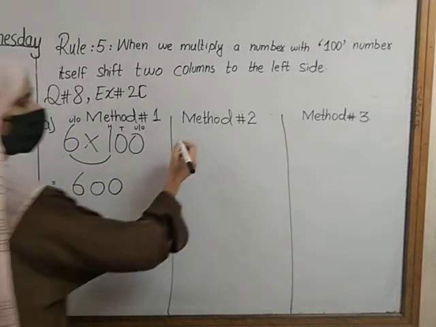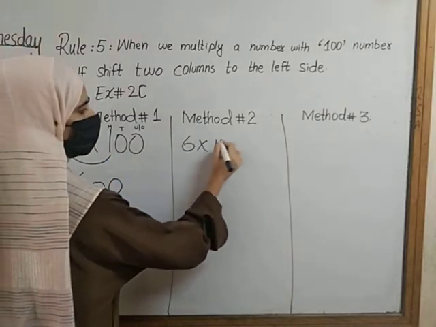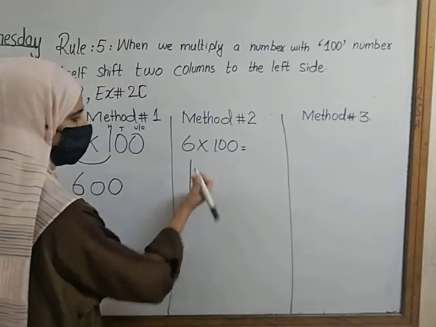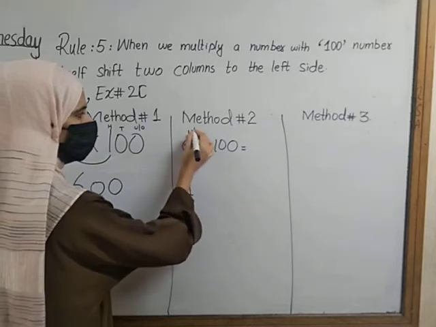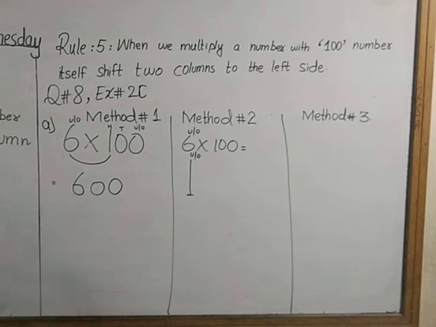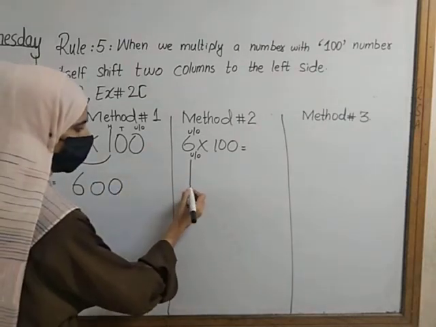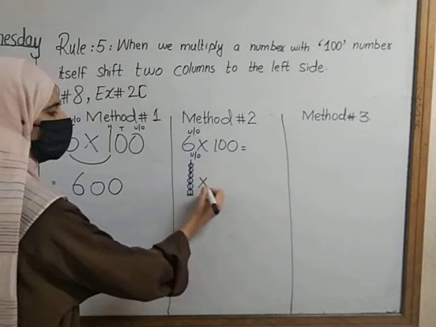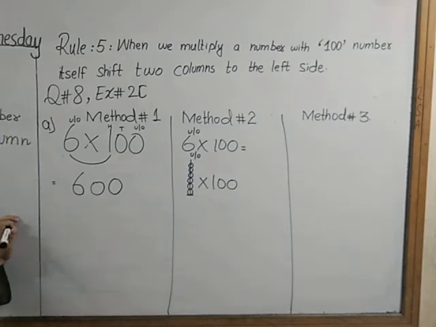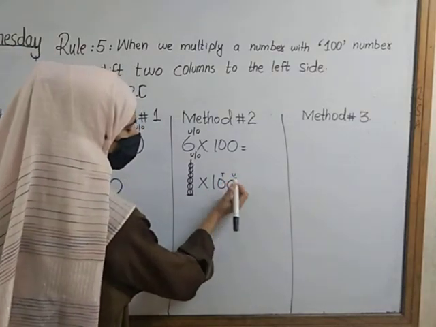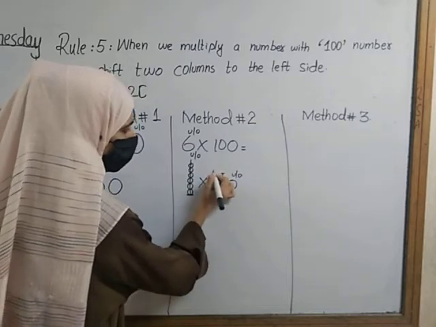Method number 2. Draw the abacus of the number which has the place values of unit or ones, and the number is 6. Now multiply the 6 with 100. Simple: unit or ones, 10 and 100.